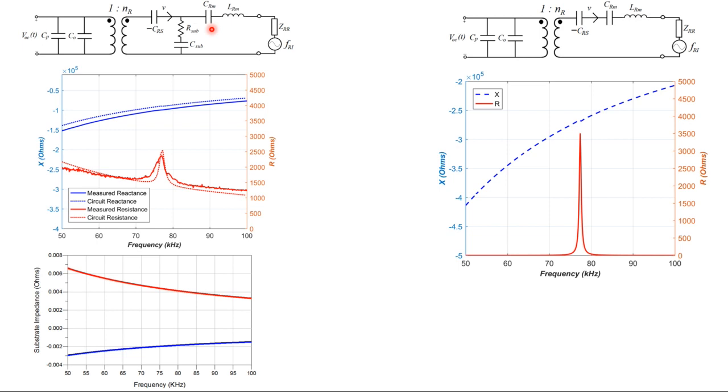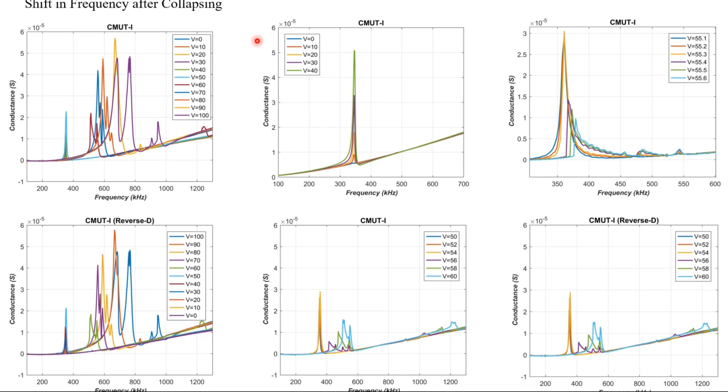So the spring is hardened; it doesn't obey Hooke's law. If this compliance becomes small, since a certain part of the membrane is collapsed, it's not a linear spring. So you can imagine that 1 over LC is going to be large. It's going to shift the frequency towards the right. As you increase bias, the spring is hardening. There is a hardening effect. Compliance is decreasing, the contact radius is increasing, and you can see with the voltages, it's increasing.